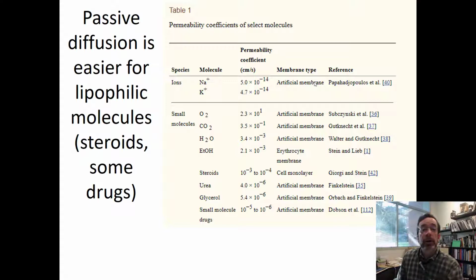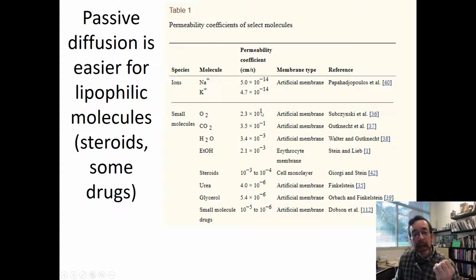Many of these are artificial membranes, which are made like the vesicles that I showed you out of simple lipids rather than the more complex lipids in life. But the general trend is going to be there. Sodium and potassium ions are highly charged. They are not very permeable. They cannot cross membranes. And so you have very low permeability coefficients.